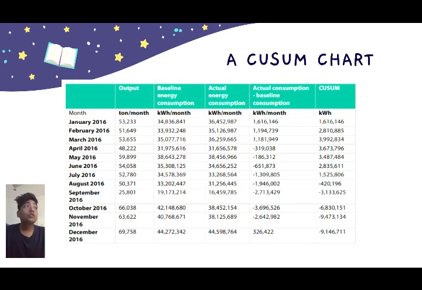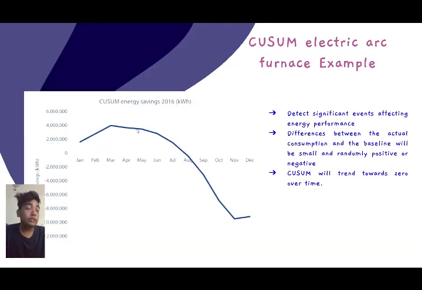Okay, CUSUM arc furnace example: detect significant event affecting energy performance. The difference between the actual consumption and the baseline will be small and randomly positive or negative. CUSUM will trend towards zero over time.